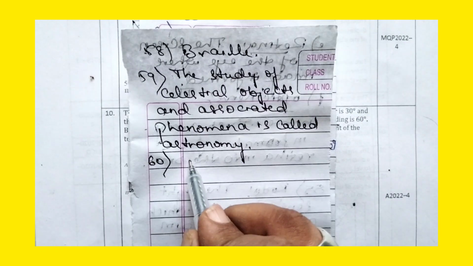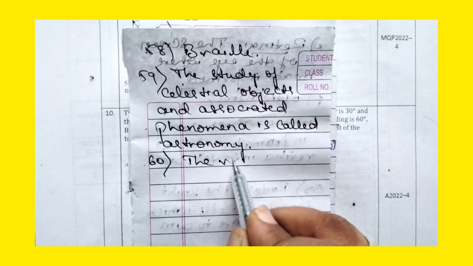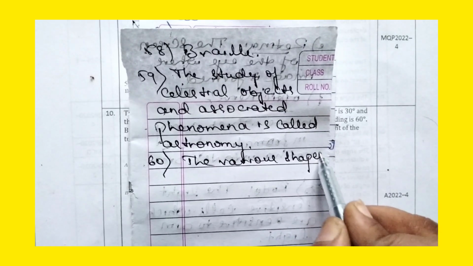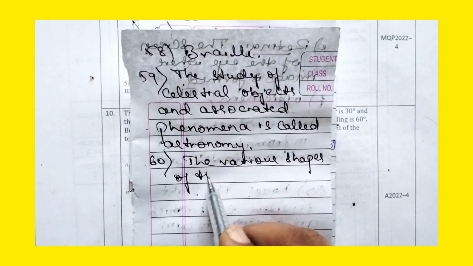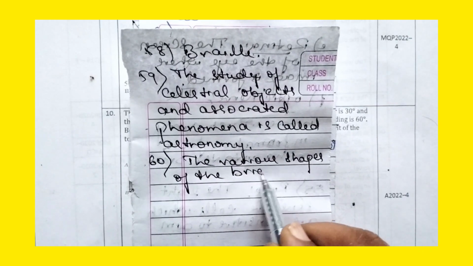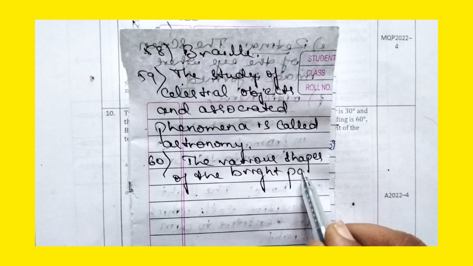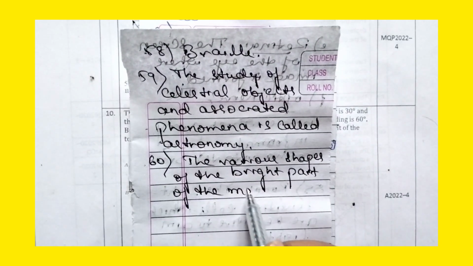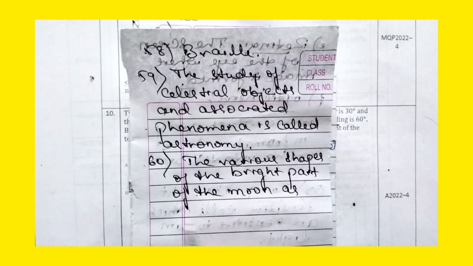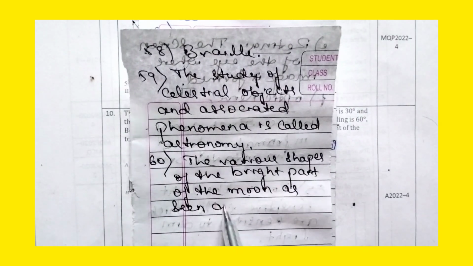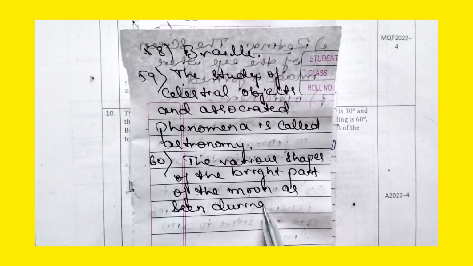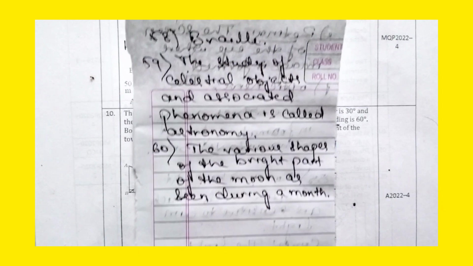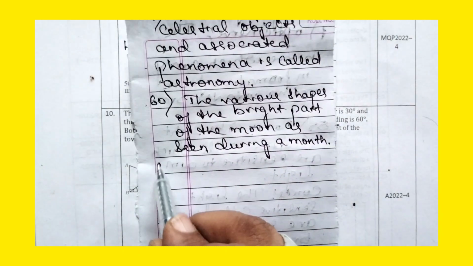The various shapes of the bright part of the moon as seen during a month is called phases of the moon.